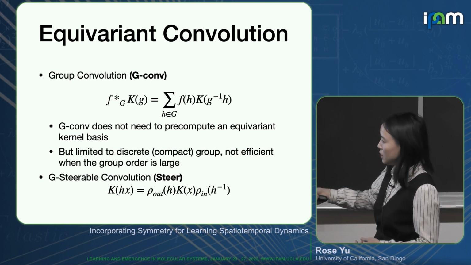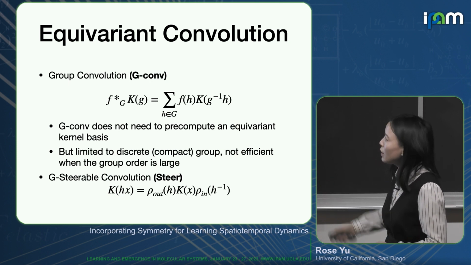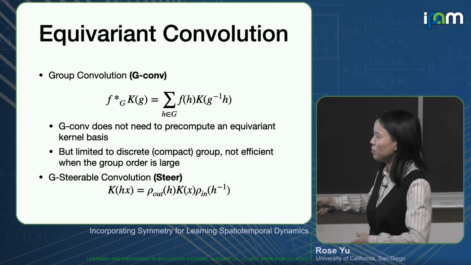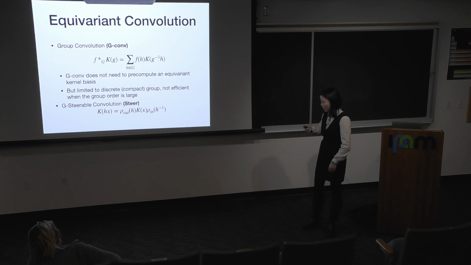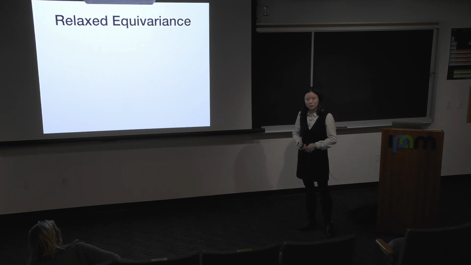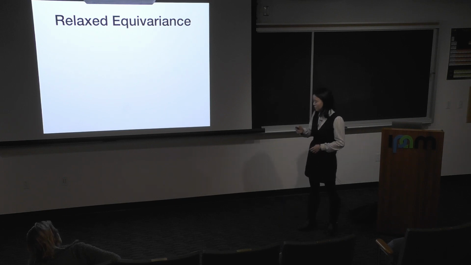This is what people call steerable convolution. Again, these are two different ways to implement perfectly equivariant networks. Now I'm going to show you how we can relax these two techniques using our definition of approximate symmetry, approximate equivariance.